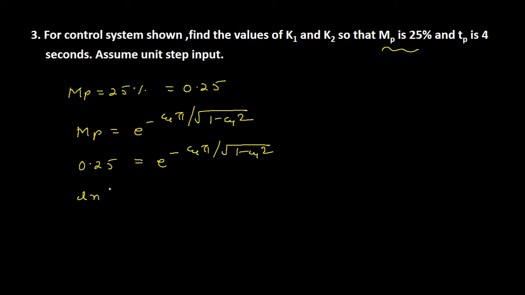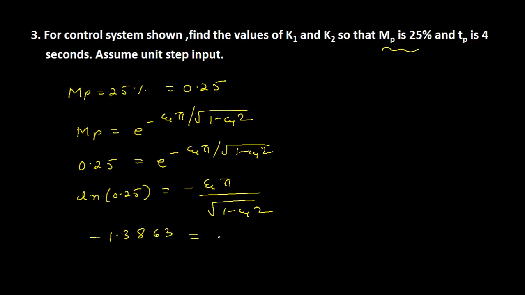Taking log, log of 0.25 is equal to minus zeta pi divided by under root 1 minus zeta square. The log of 0.25 will be equal to minus 1.3863, which is equal to minus zeta pi divided by under root 1 minus zeta square.